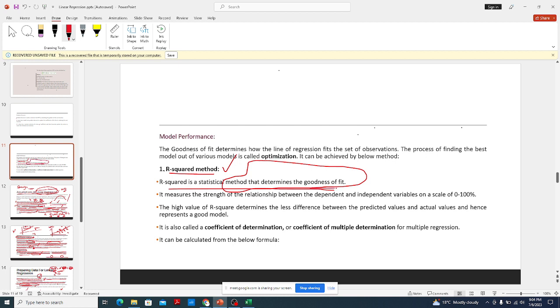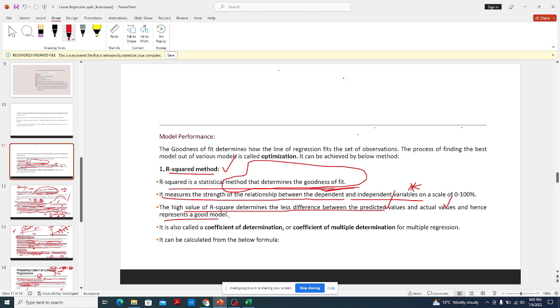It measures the strength of the relationship between the dependent and independent variable. But don't confuse it with correlation. The value of r squared determines the difference between the predicted and the actual value. Hence, it represents a good model.